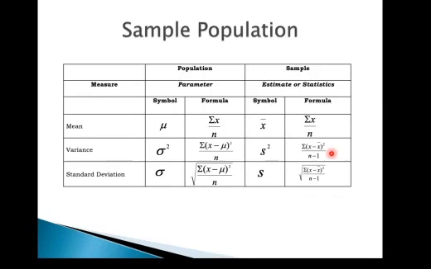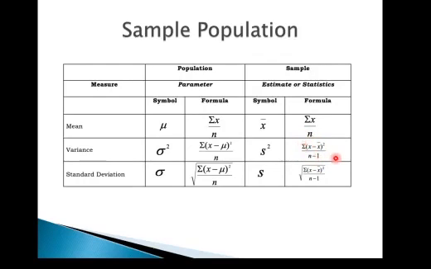We deduct 1 from n, so we have a lower denominator, and the result will tend to be a little bit higher. And so, if we divide the squared deviations from the mean by n less 1, this now becomes an unbiased estimate of the population variance.